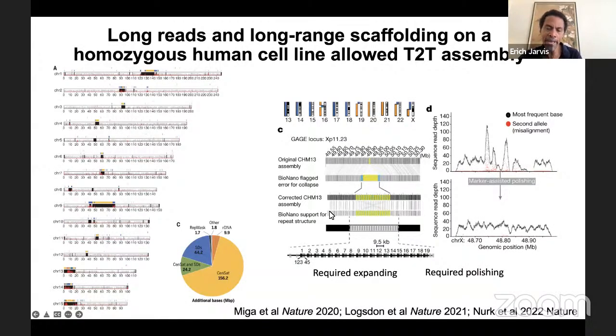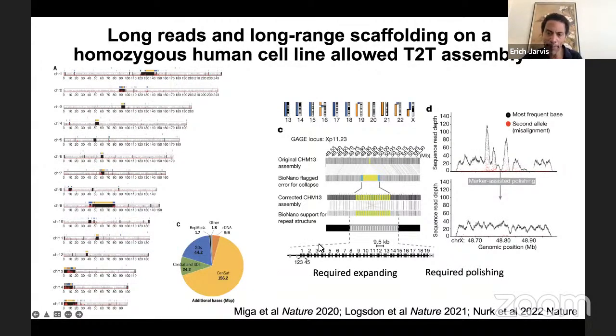There was a lot of manual curation as well that went into making sure that all the gaps are filled properly. And further, as you can see here, in the coverage plot across certain regions of the genome, there was no haplotype switching. So here in red is the alternative haplotype, and in black is the haplotype that's appropriate for this particular region here. And there was a lot of this going on, as well as collapsing of sequence that needed to be expanded out.